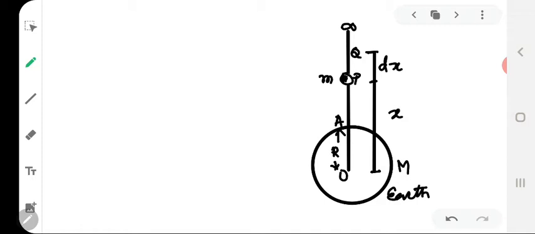Then the force exerted by the Earth on the body, we have marked the distance to be equal to x, so the force will be equal to F equals GMm by x square as per Newton's law of gravitation. So this is the gravitational force acting on the mass m kept at the point P, which is at a distance x from the center of the Earth, as you can see in the diagram.